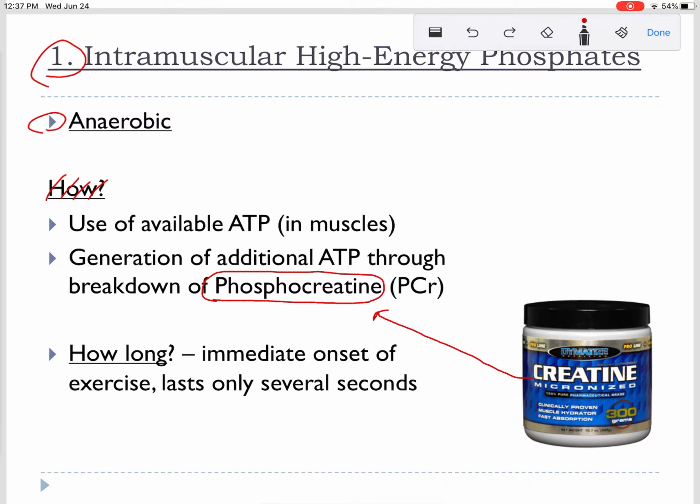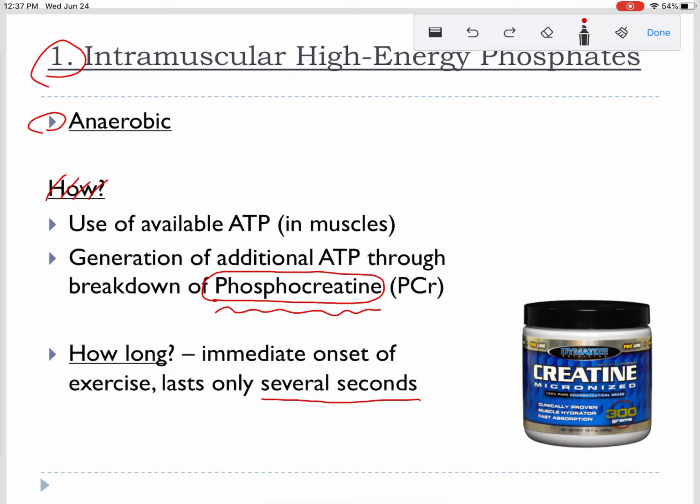But we're building the important building blocks. So I'd like you to just be able to pair phosphocreatine, something that our body naturally produces, as something that we utilize in this first series of chemical reactions as our cells are producing ATP. The last thing is, how long will this create energy for our muscle cells?